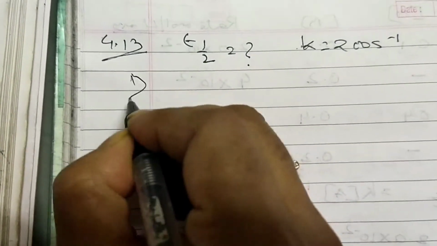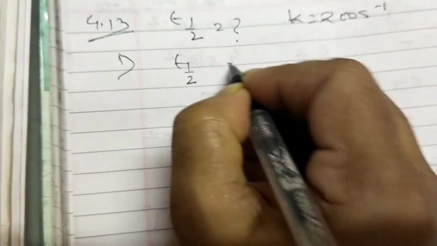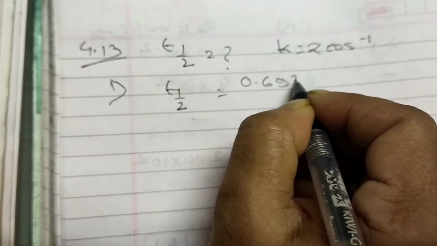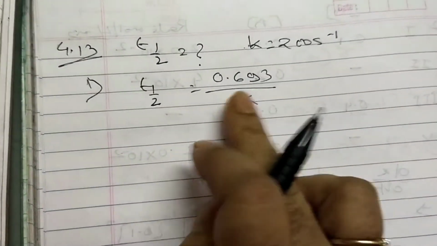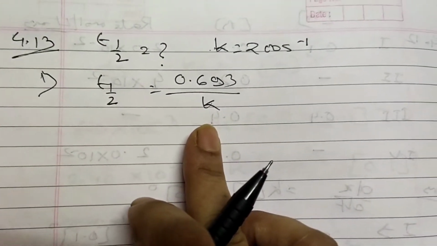Okay, so for the first one we are starting, t half equals to, what is the formula, as it is a first order reaction, so it is coming 0.693 by k, derivation already I have shown earlier.